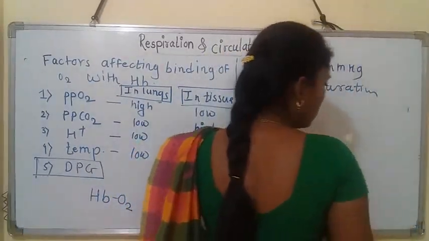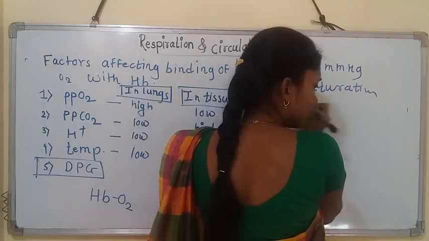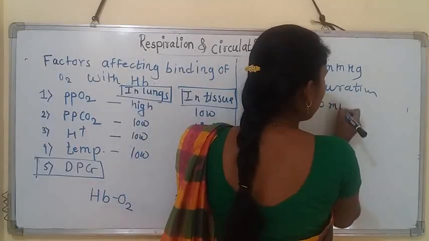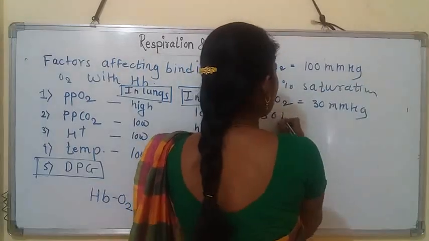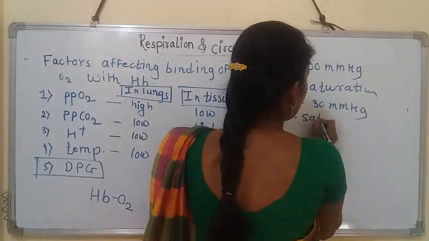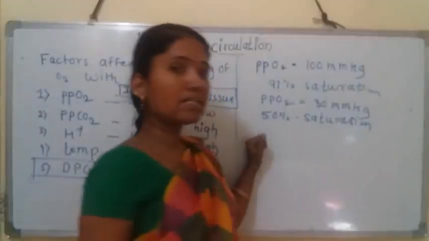Okay, and now when partial pressure of O2 is 30 mm of Hg, then 50% saturation of hemoglobin takes place. Now what is meant by saturation?